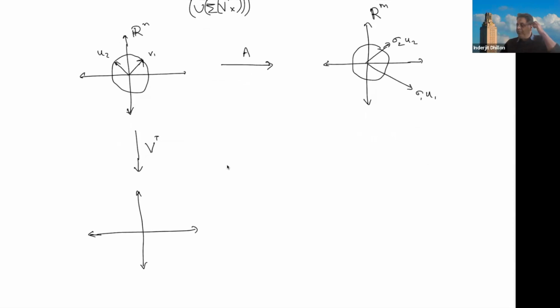Well, before I do that, when I'm asking what is V transpose times V1, and V transpose times V2? Because I want to see the image of the vectors V1 and V2. Sorry, I think I wrote U2 over here. Change that.